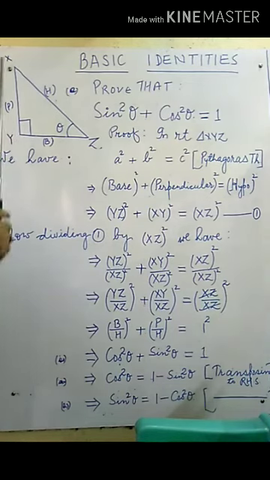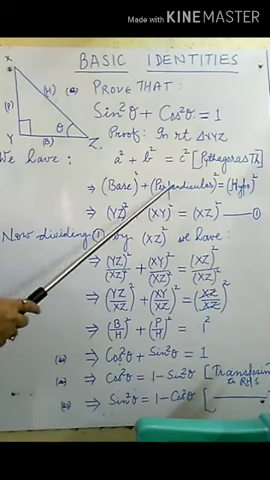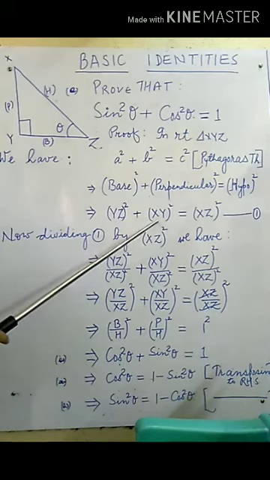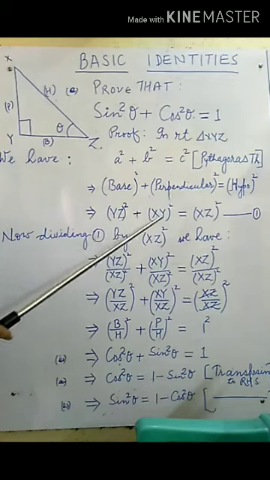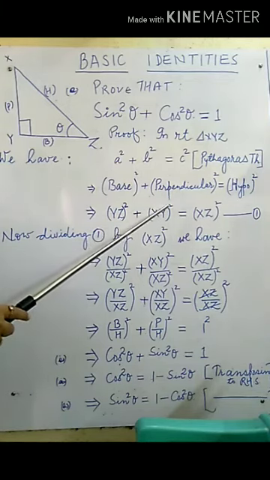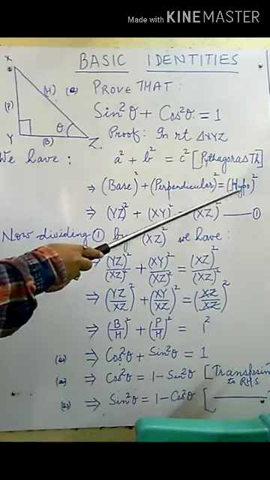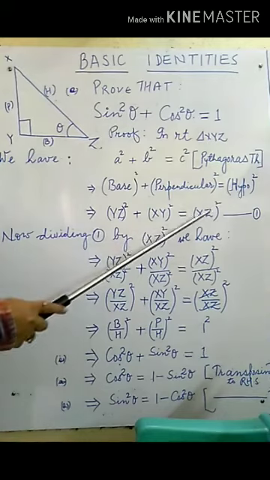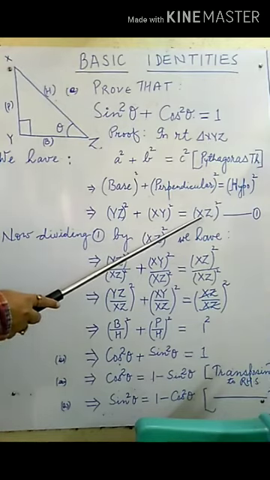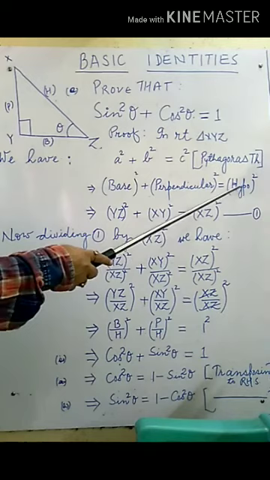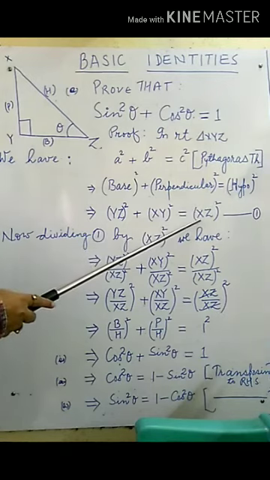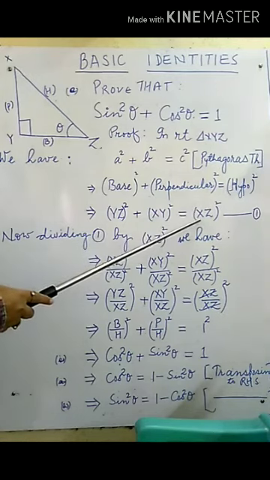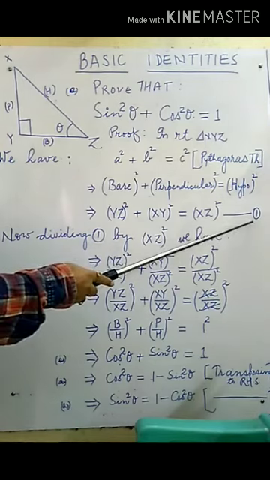Perpendicular is XY, so that will be XY square. What is hypotenuse here? XZ is the hypotenuse, and since hypotenuse square is there, this will be XZ square. Now this will be treated as equation number 1.